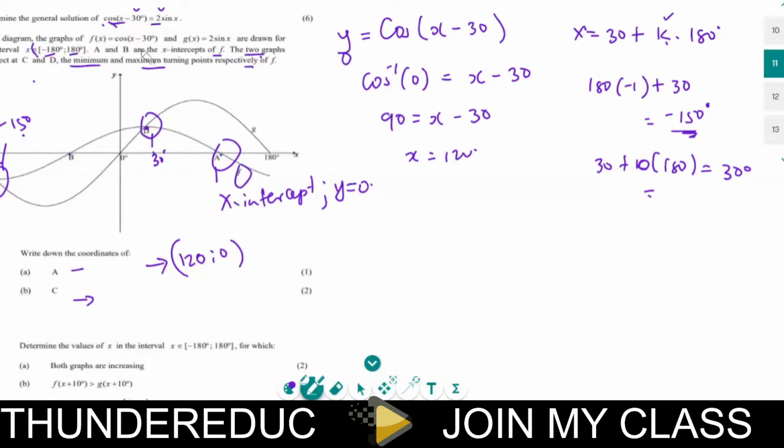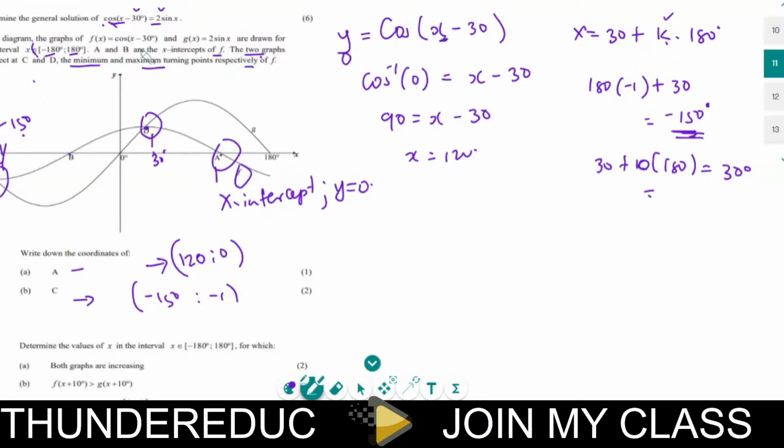So what we need to do, since we want the coordinates of C: remember, we said x is −150. Then if we have the sine of −150, we shall end up with −1 for the y. So that's going to be (−150, −1). Since we know the first point of −150, you can replace it anywhere.